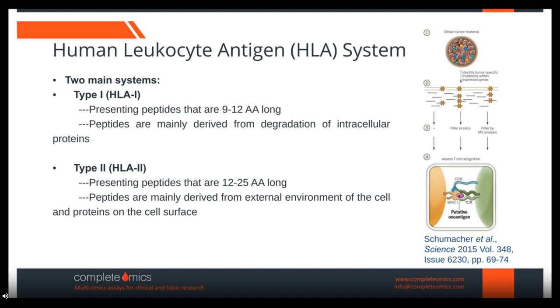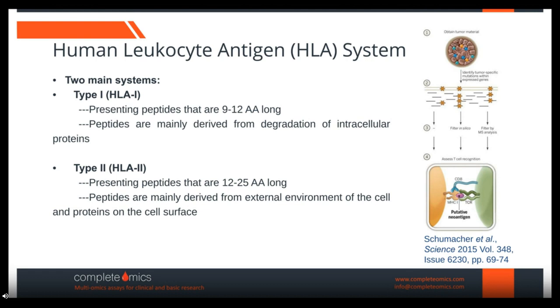So I will start by briefly introducing what the human leukocyte antigen system is. The human leukocyte antigen system, or HLA system, is encoded by the MHC gene complex in humans. These cell surface proteins are responsible for the regulation of the immune system.